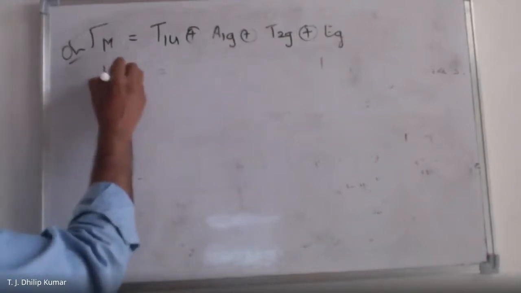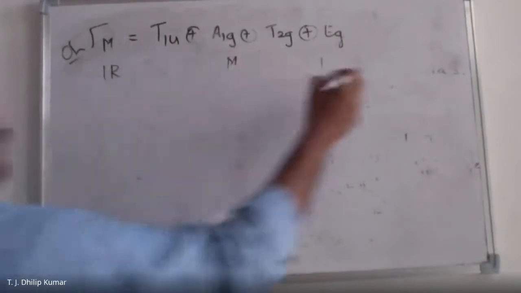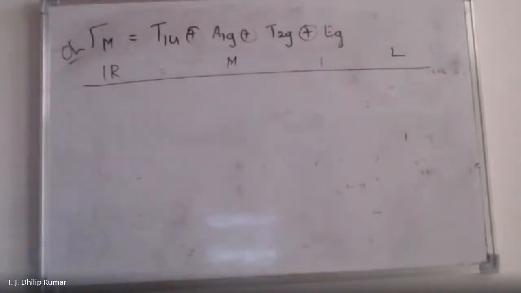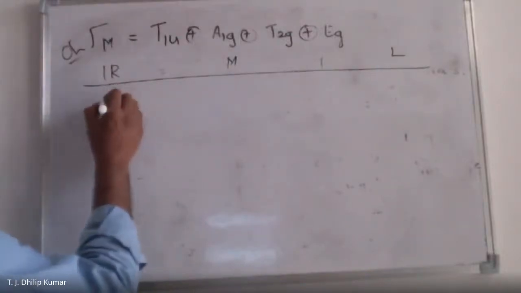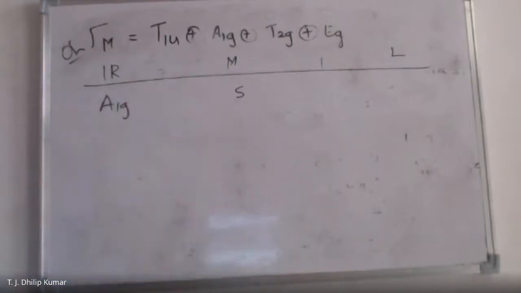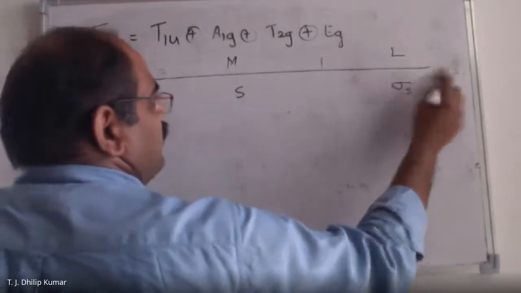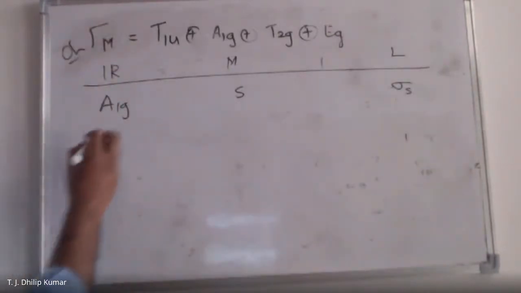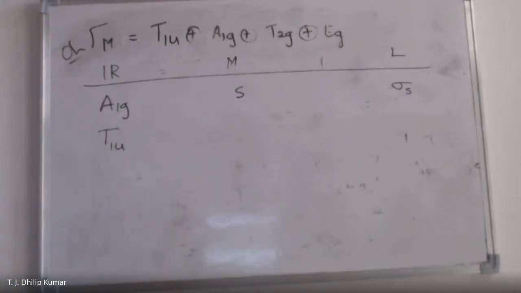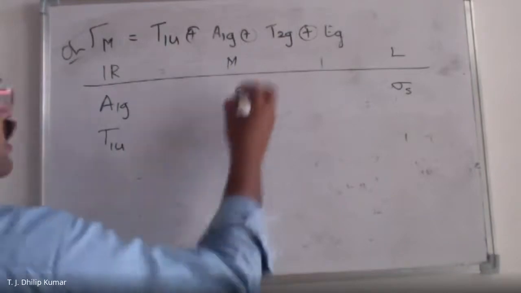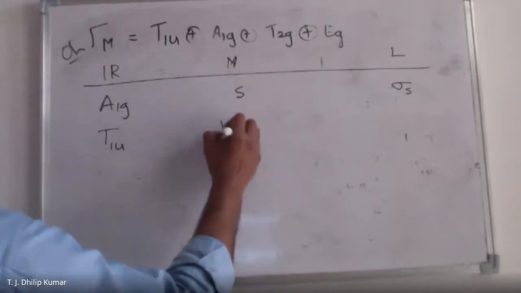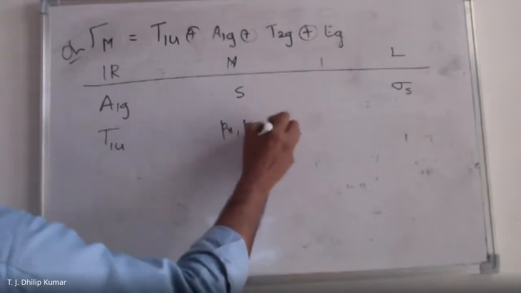Say there is IR, and then metal and then ligands. So A1g, if you take an octahedral complex, the metal has an s orbital, and the ligand sigma s orbital will overlap. And then if you take T1u, in the metal ion there will be px, py, pz.